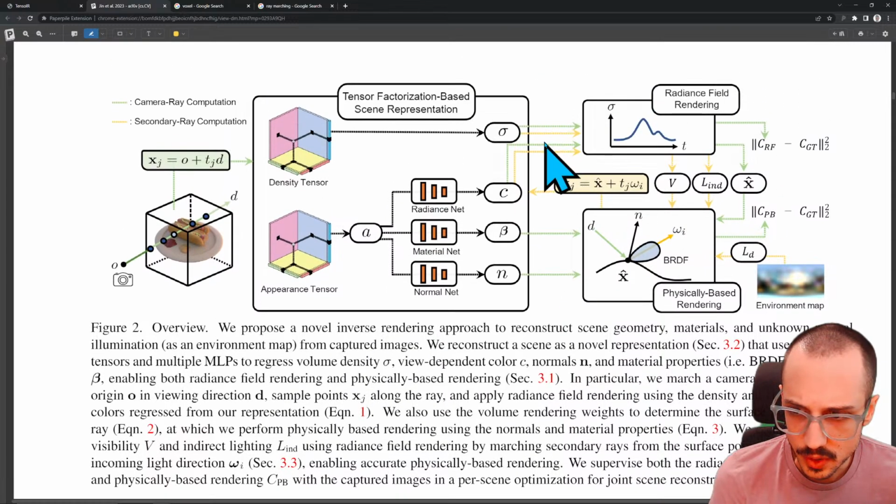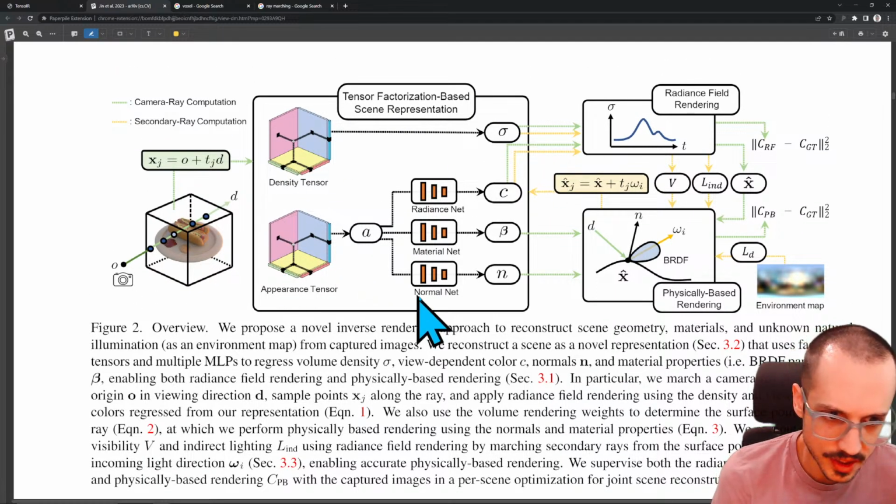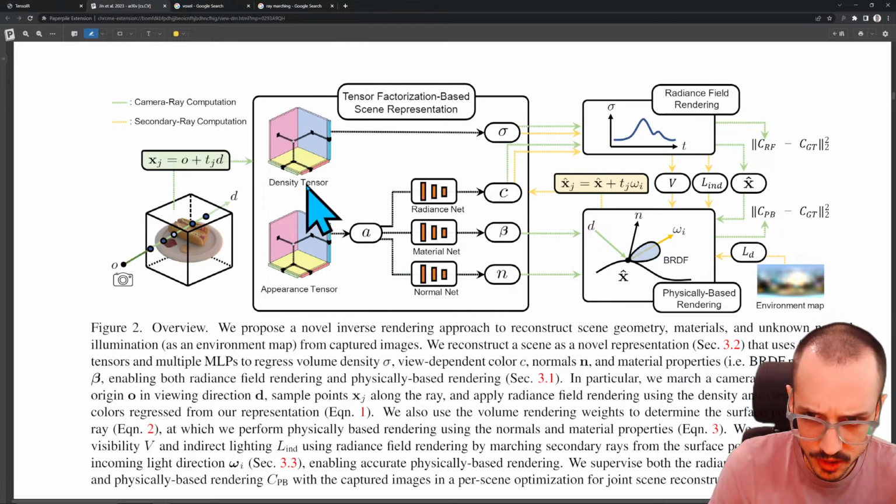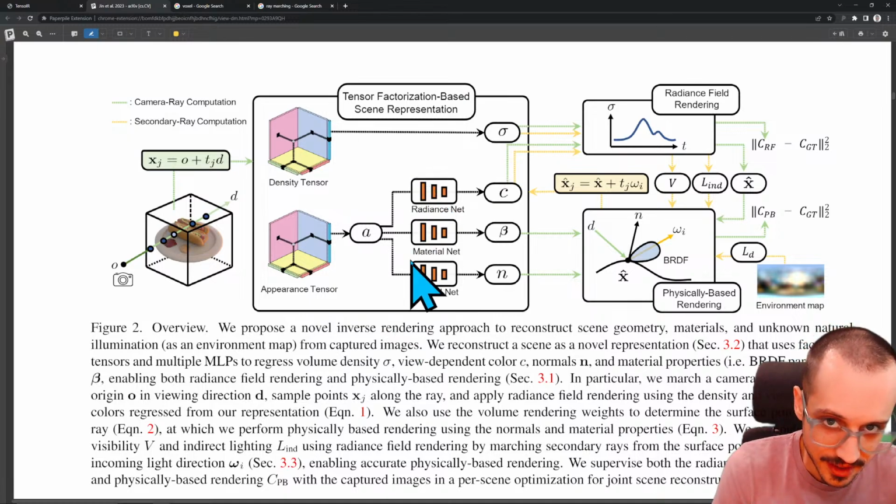So, okay, looking at this, it seems like what they're really doing, and what's novel about this paper, is that they're combining physically based rendering and radiance field rendering in such a way that you can get losses from both of those, and feed it back into your multi-layer perceptrons that parameterize the NeRF, or in this case, the TensoIR.